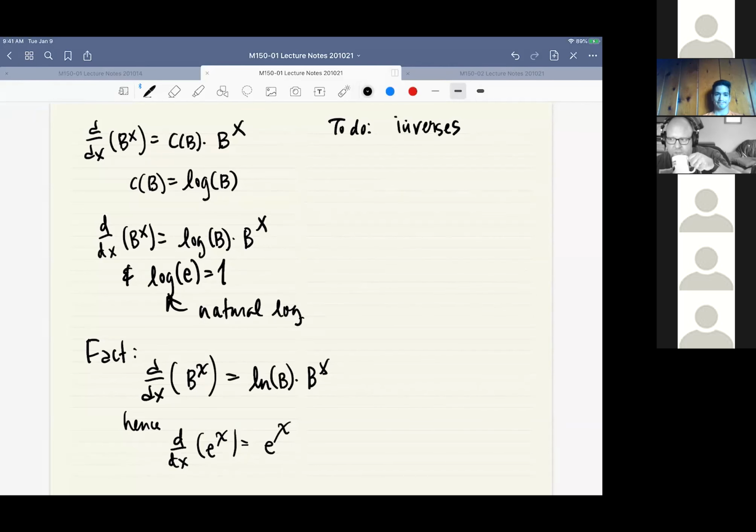Anybody else want to guess what the last one is? You want a hint? It's an example of an inverse function. It's the inverse of an exponential. What do we call them? Begins with an L. Anybody?